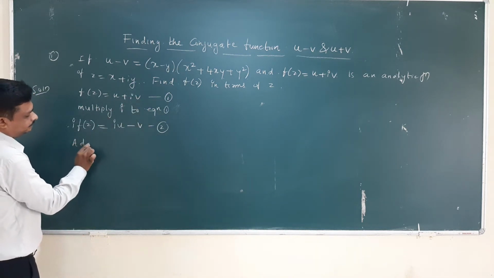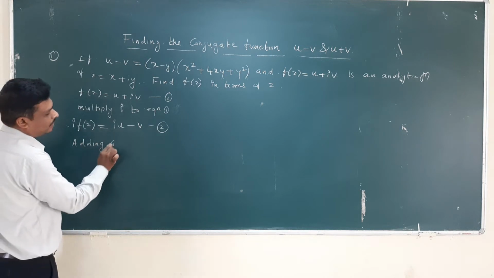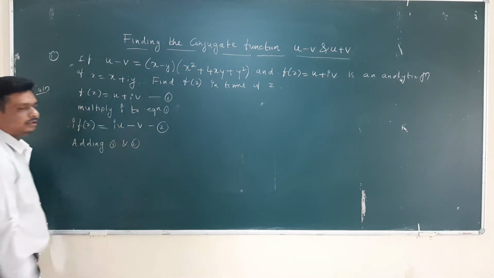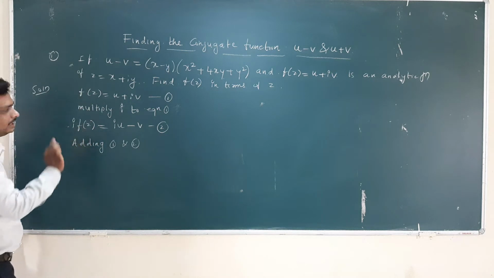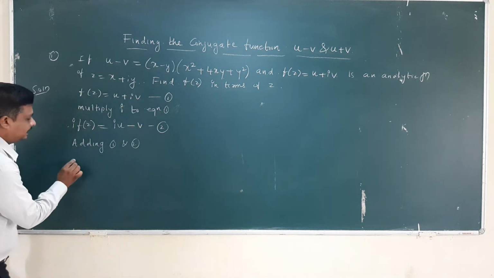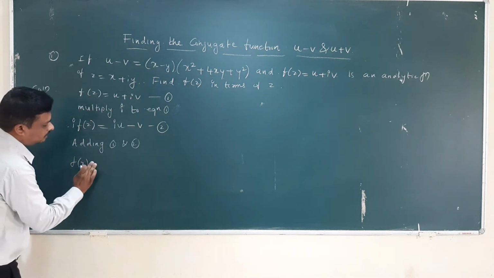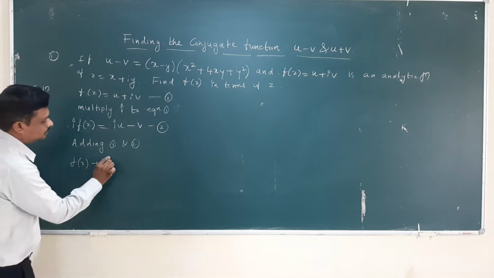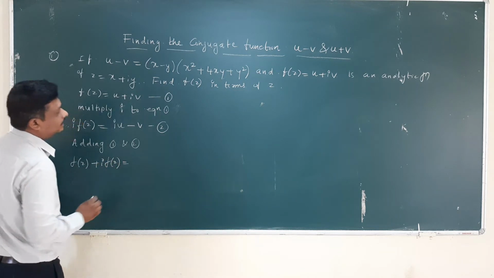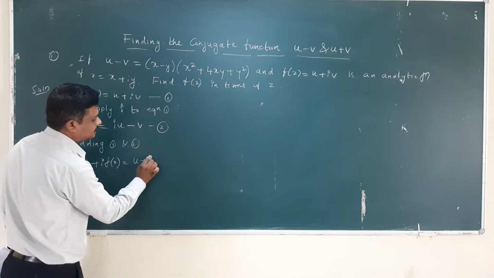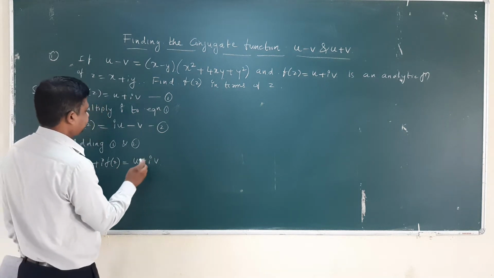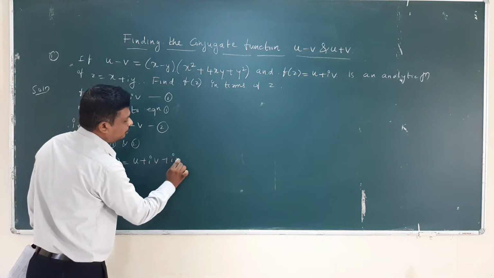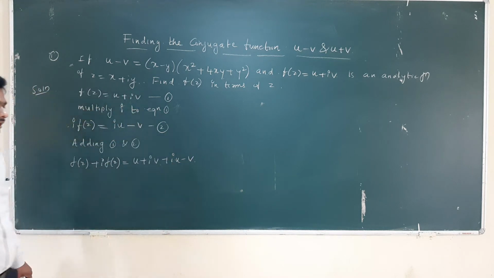So adding LHS separately and RHS separately, I will get f of z plus i into f of z is equal to u plus iv plus i into u minus v.